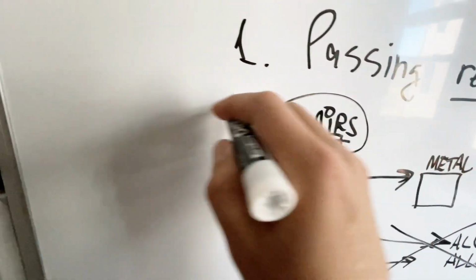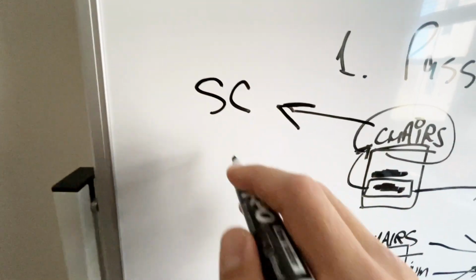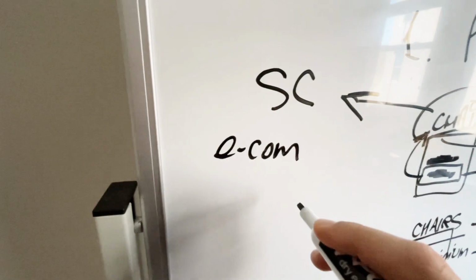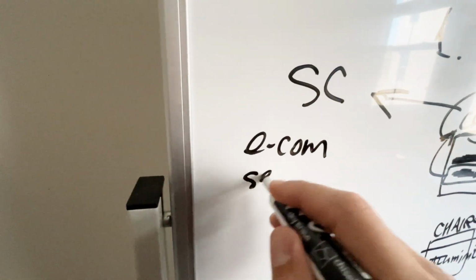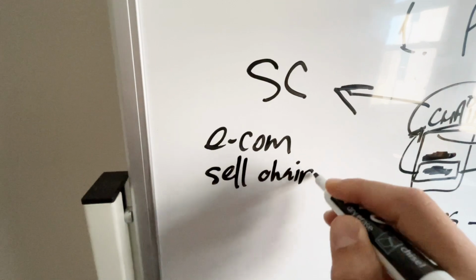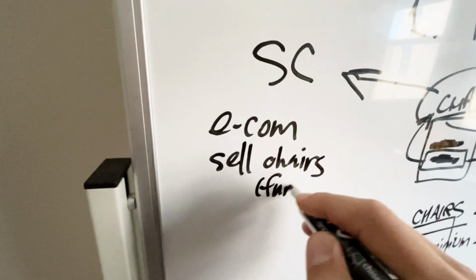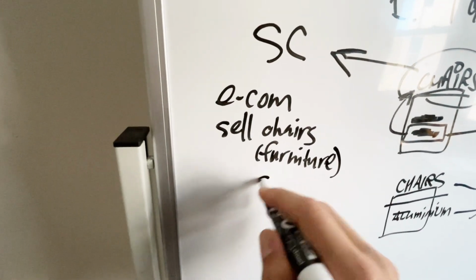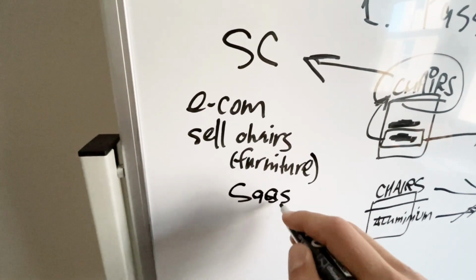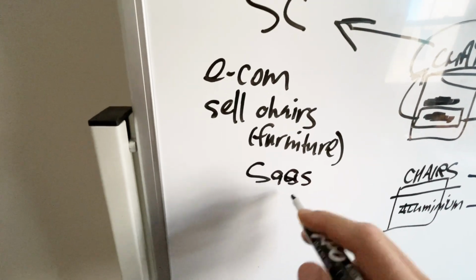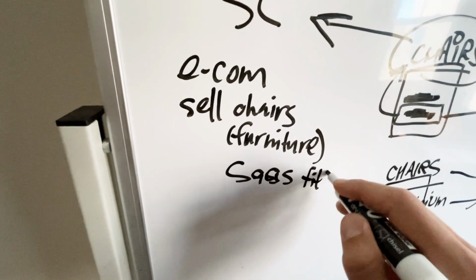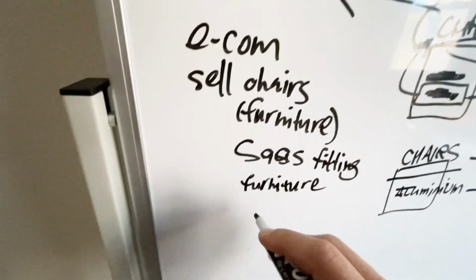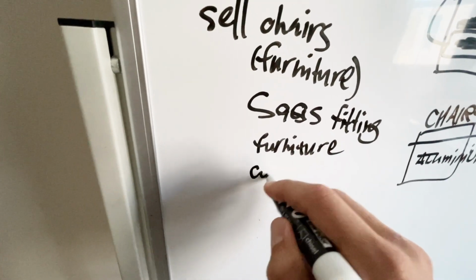More than that, it has to be linked to the source context, right? If you're selling chairs, for example, you have an e-commerce website that sells chairs or just sells furniture, or it might have like SaaS that helps with fitting furniture, or for example computer vision.